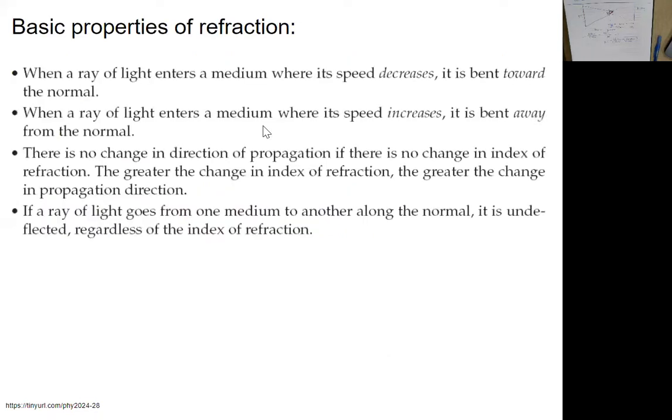All right, so when light enters a medium where its speed decreases, that means the index of refraction increases, because index of refraction is equal to the speed of light in vacuum divided by the speed of light in the medium.